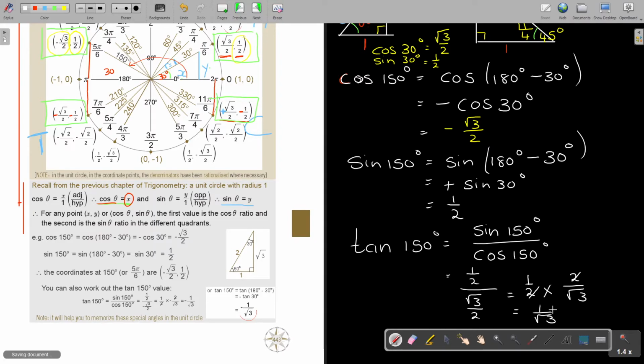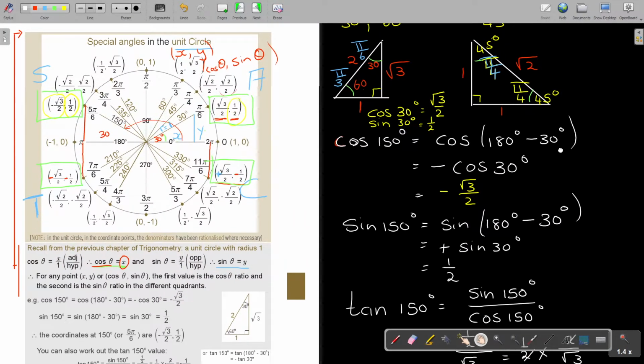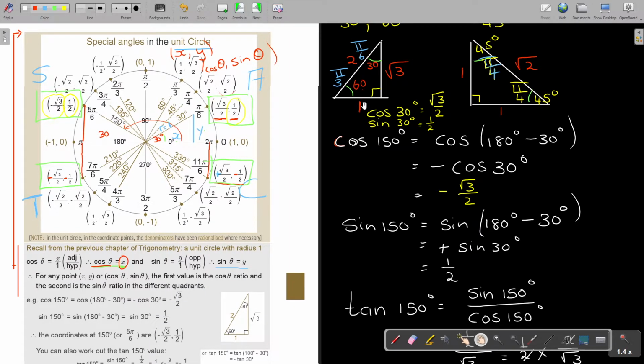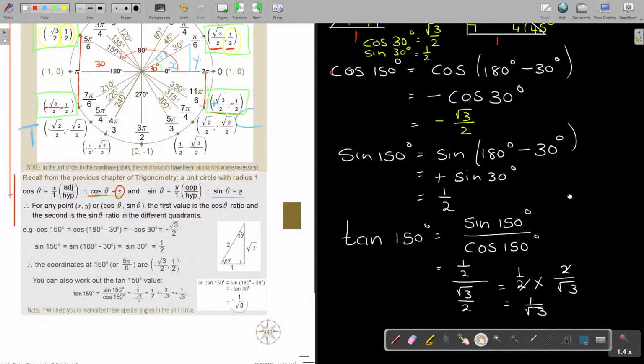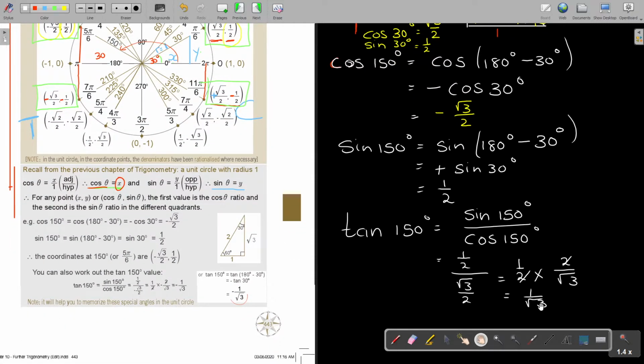Okay, and now let's check it. What is tan 30? Because it's going to be tan, do you agree? If I take tan 30, it's opposite over adjacent, so it's 1 over square root 3. Did you see that? So it's 1 over square root 3.